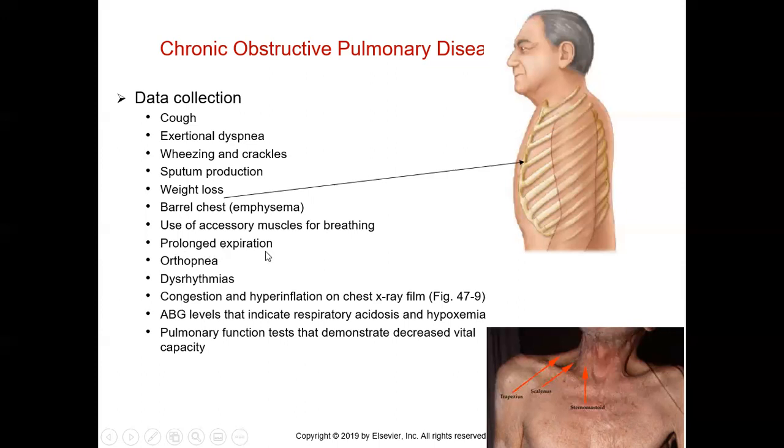Prolonged expiration, orthopnea, dysrhythmias, congestion, and hyperinflation or barrel chest. Arterial blood gas levels indicate respiratory acidosis and hypoxemia. Pulmonary function tests demonstrate decreased vital capacity.